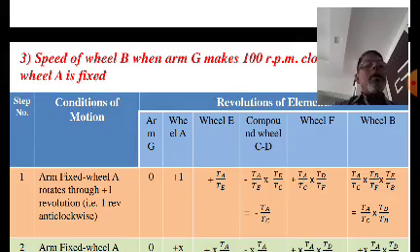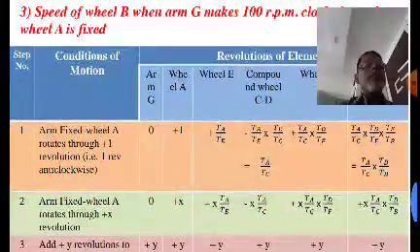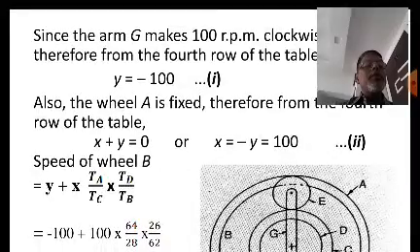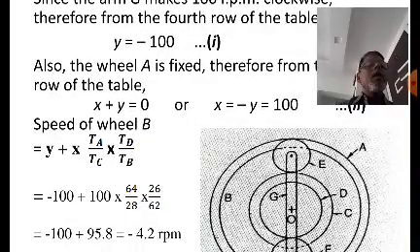Now then E meshes with which gear? C. Now these are external gears. So you know that E is now rotating in the anti-clockwise direction, so C will rotate in the clockwise direction, right? So negative.